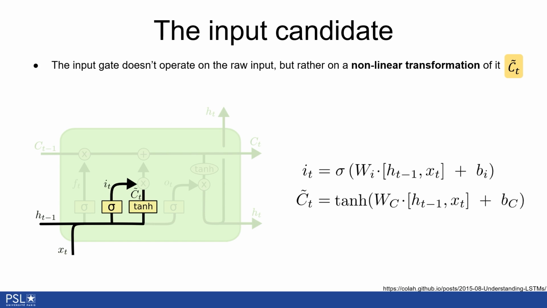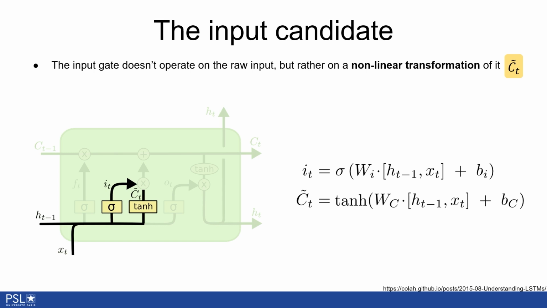The content of the cell variable will be determined by another variable called the input candidate, which is noted with C tilde. C tilde, like the input gate, is determined by the current input vector xt, the previous hidden state ht-1, and another weight matrix wc, which will be learned during training like all other matrices.